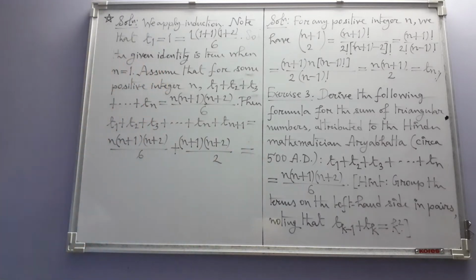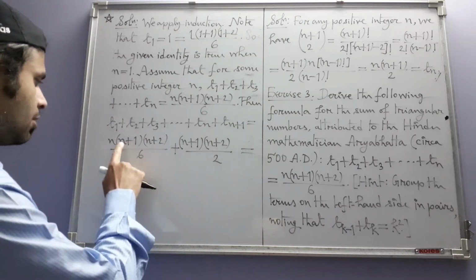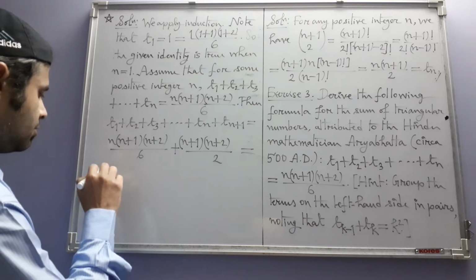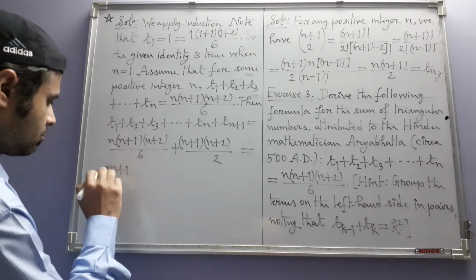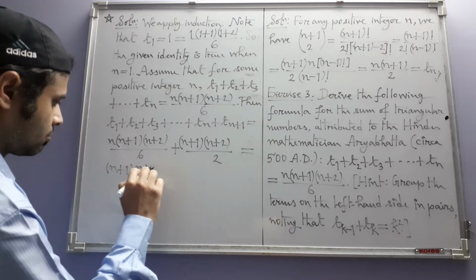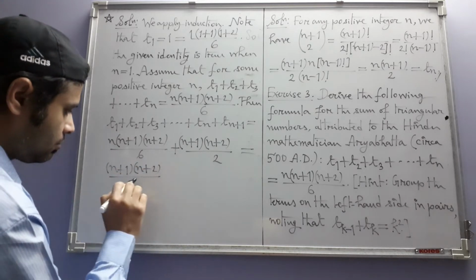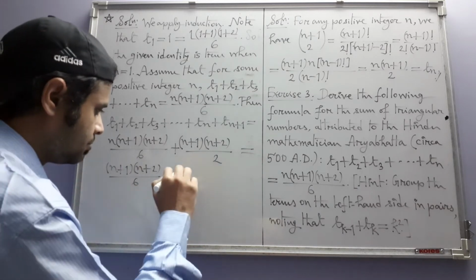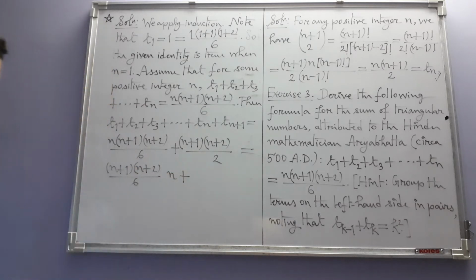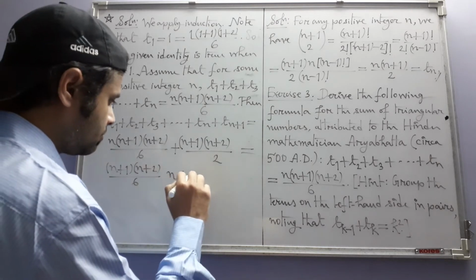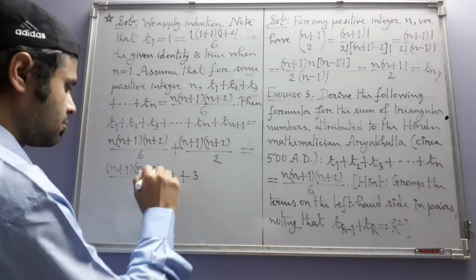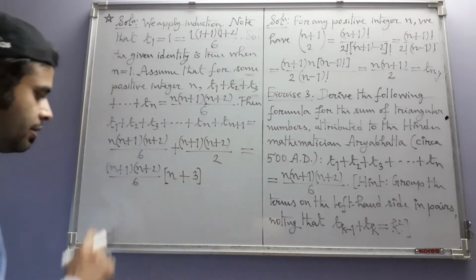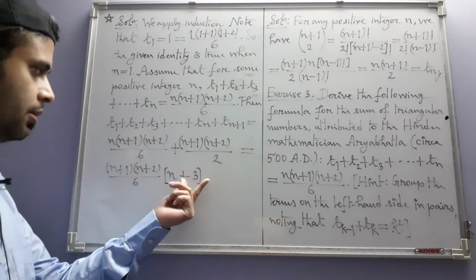Okay. Now we can take (n plus 1) times (n plus 2) divided by 6 common out. If we do that, then in the first term we have n left. In the second term we should have 3, because when we multiply this with 3 we should get this.